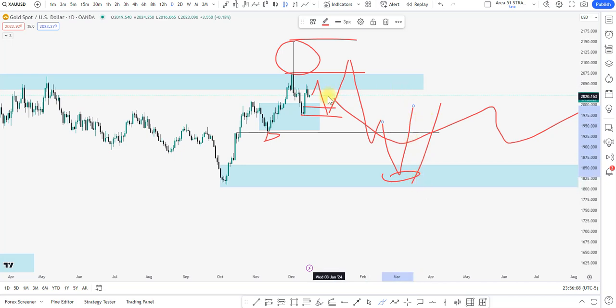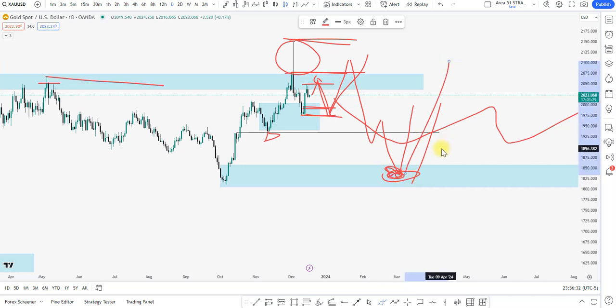Okay, but now what we're expecting is for the price to maybe go up a little bit, take out this zone, and then continue to the downside, reverse from this area, and then continue to the upside again before it fills out this entire shadow, since it took out this entire zone, and now continue to the downside until it taps on this higher time frame demand zone before it reverses to the upside completely. So this is my take on these three pairs for next week.